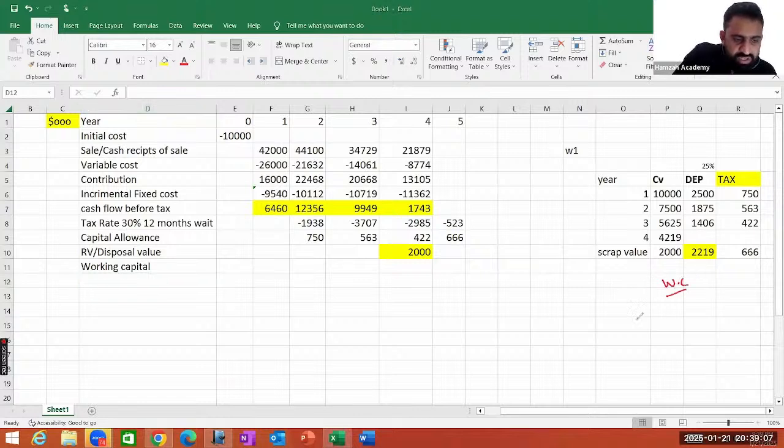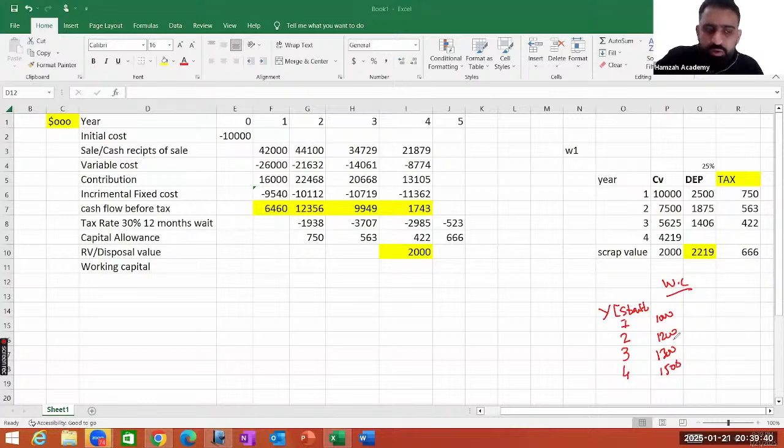It would be told in the question about the working capital. I'm talking about the working capital from the start of each year, like from the start of year 1, start of year 2, start of year 3, and start of year 4. At the start of year 1, we require 1,000. Then we require 1,200. Then we require 1,300. And in year 4, we require 1,500 working capital.